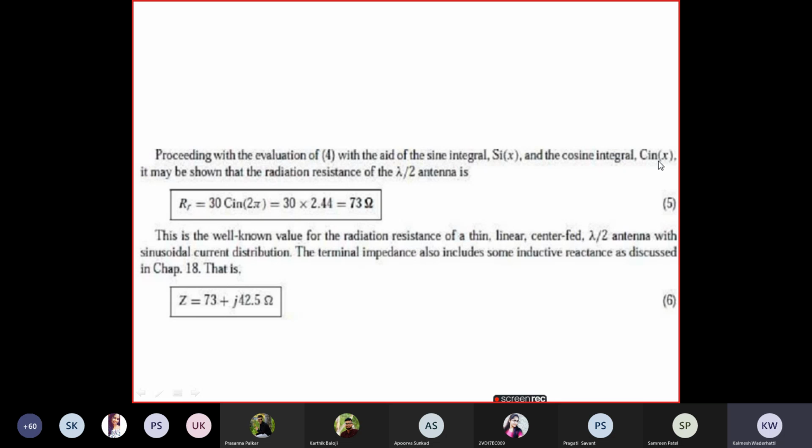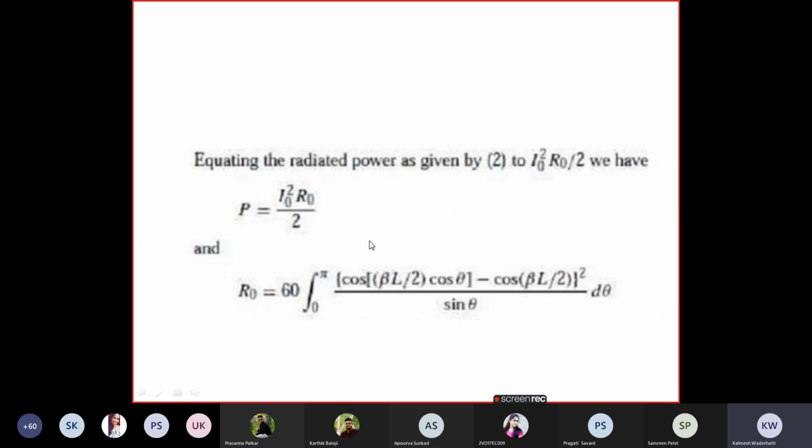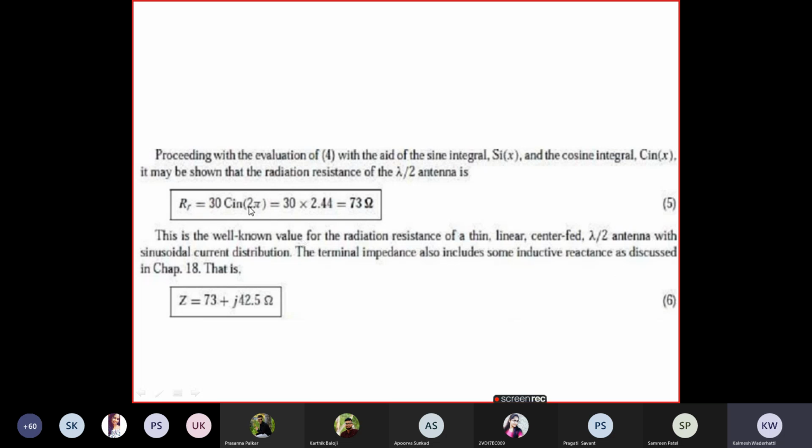Therefore, x is in the range 0 to 2 pi. Here the Si of 2 pi, and the cosine integral of 2 pi, will be 30 into 2.44.